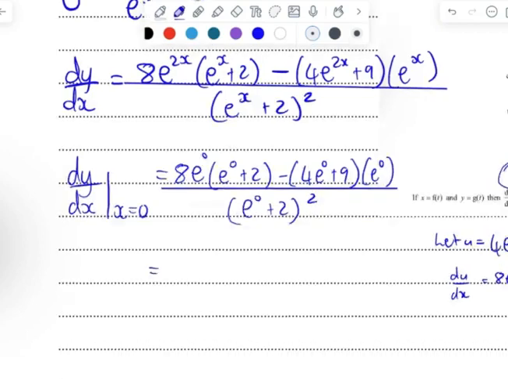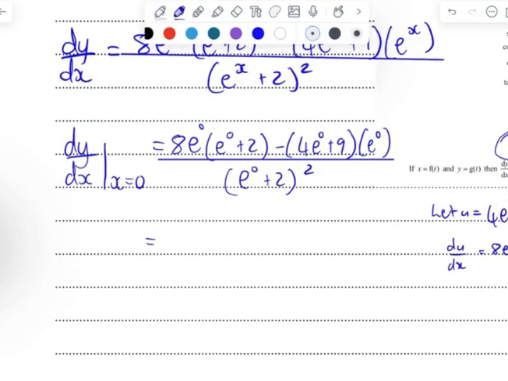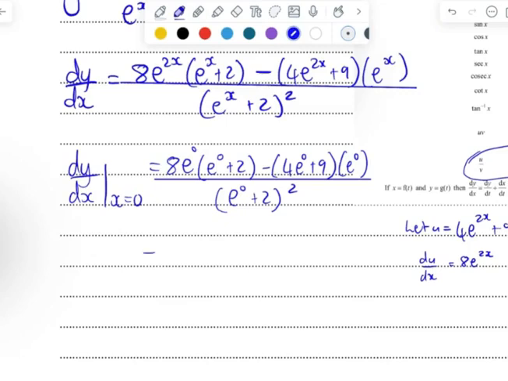Okay, what is e to the power of 0? Anything to the power of 0 is just 1. So that's going to give us 8 times 3. And that's 13 times 1 over 1 plus 2 is 3 squared.